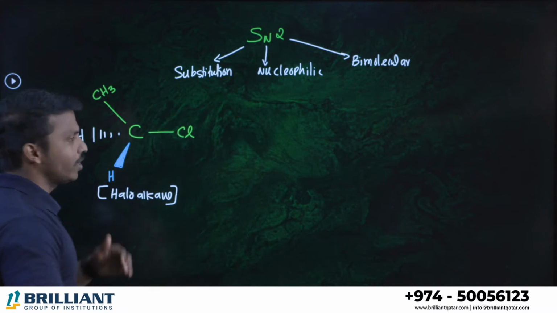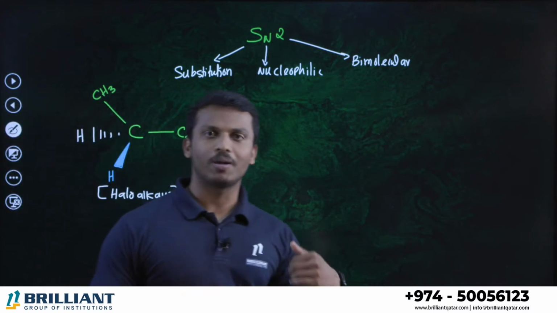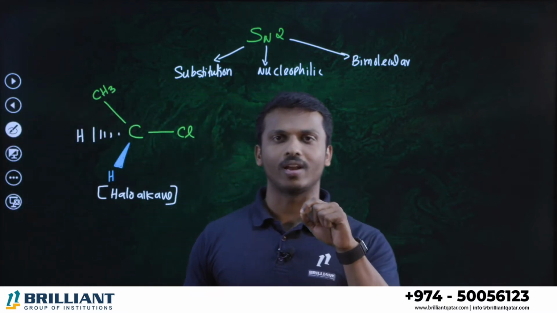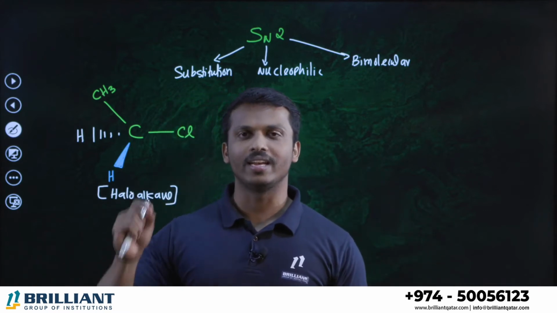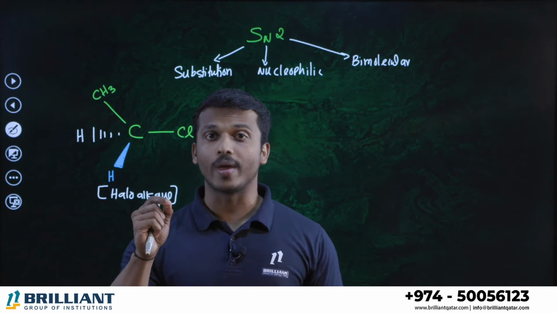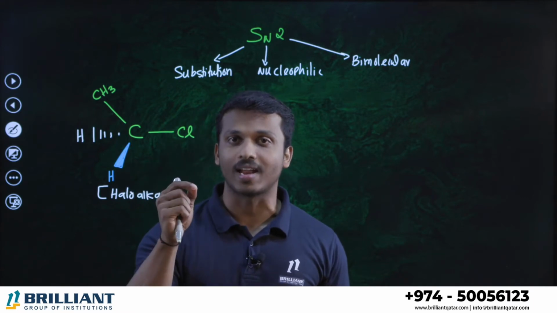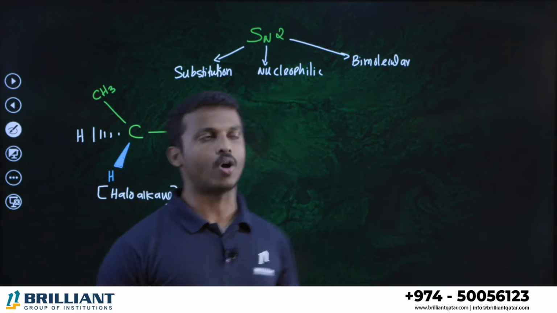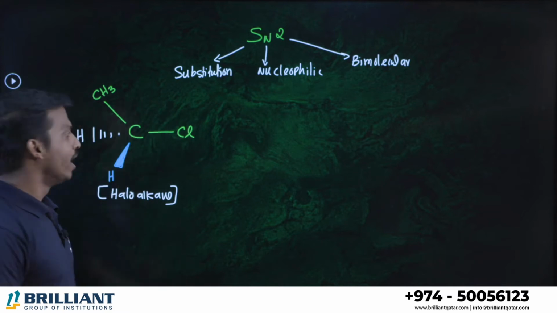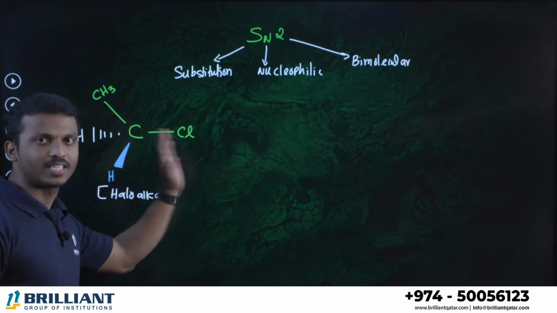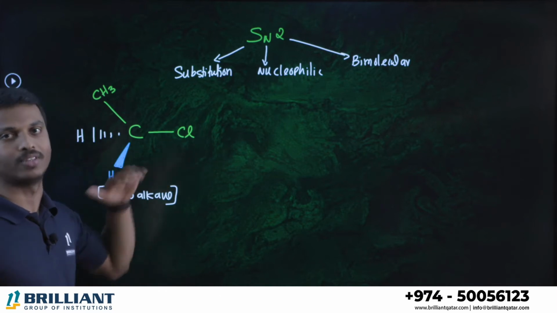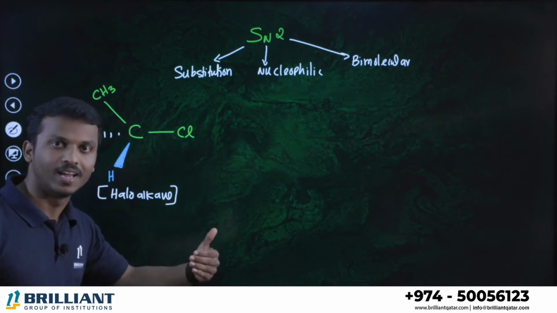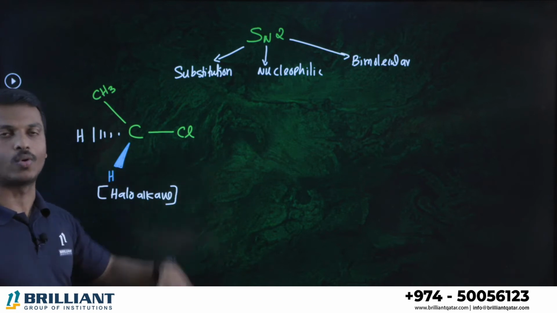In SN1, the nucleophile can attack either from the front side or the back side. But in SN2, the nucleophile always tries to attack the side opposite to the halogen. Here the halogen is on the right side, so the nucleophile always attacks from the left side.